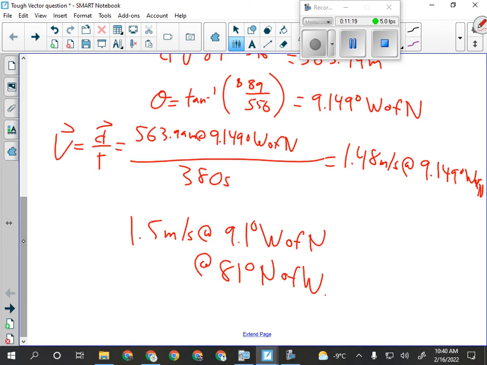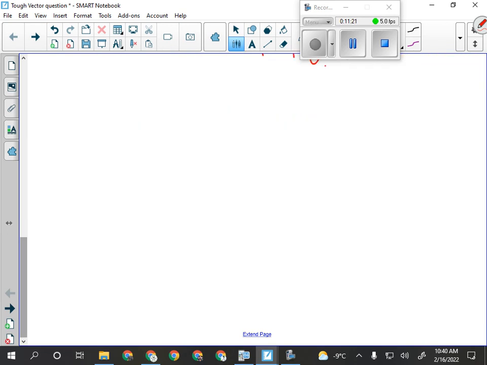The big thing here, guys, and I can't stress this enough, is when you're drawing out your vectors, if this is my vector, 20 meters at, let's say, 50 degrees south of east, and I'm going to draw that vector out, my reference is east.